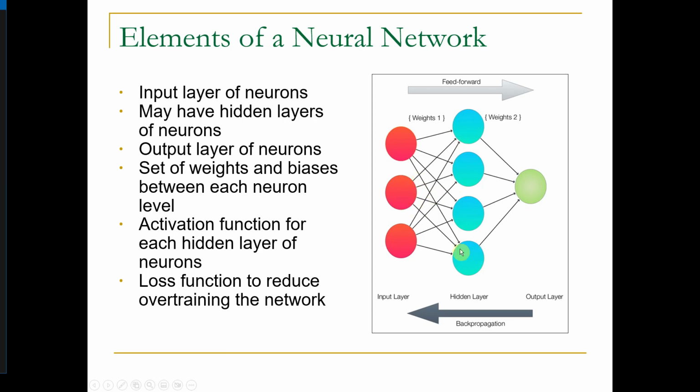So each one is going to every other one. There's an activation function that fires for each layer. So there's an activation function for this layer. There's an activation function for this layer. So this is the basic structure and the basic elements. And finally, there's a loss function to reduce overtraining of the network.